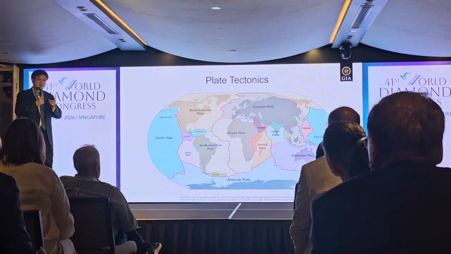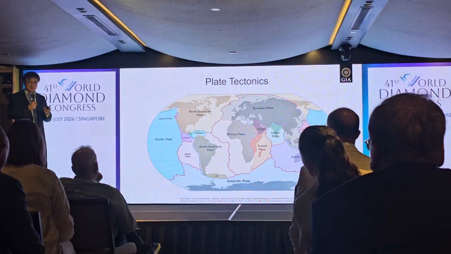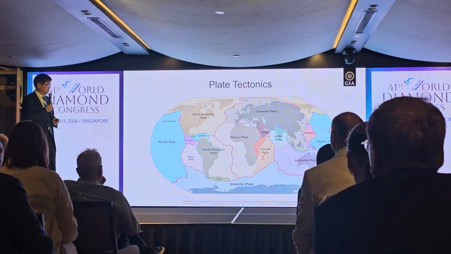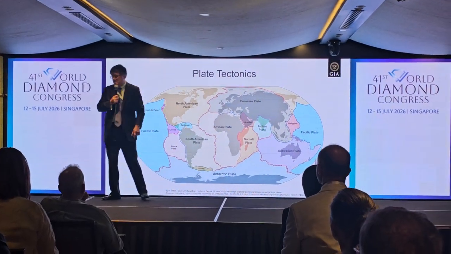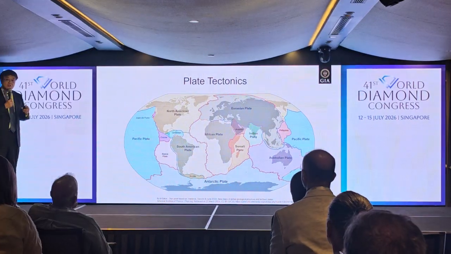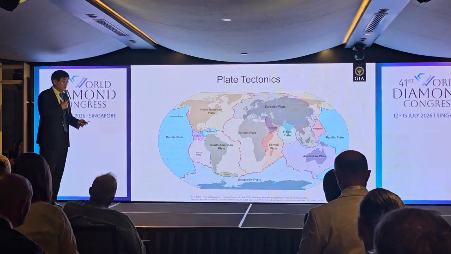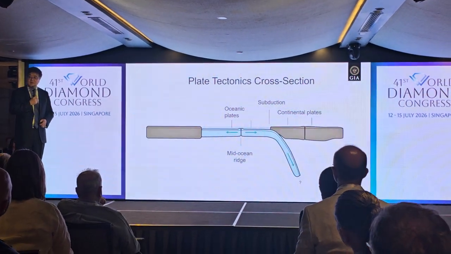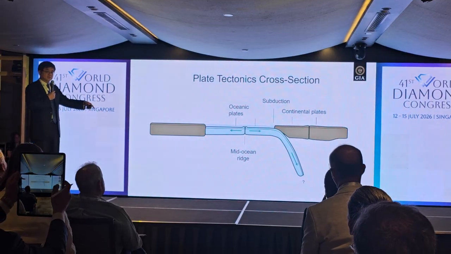Together, they move around between each other, so they create earthquakes and volcano eruptions. What you see here, this red line, is what's called the Mid-Atlantic Ridge. The new crust is forming there every day, every minute. Once the new crust is formed, the old crust has to go back to the Earth's interior.